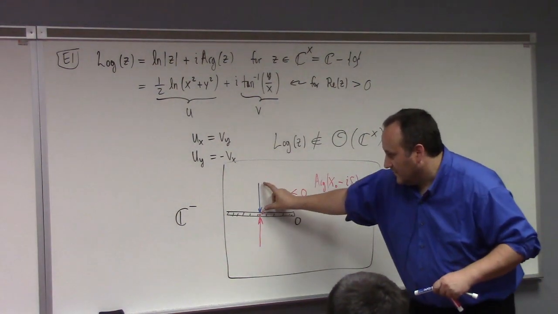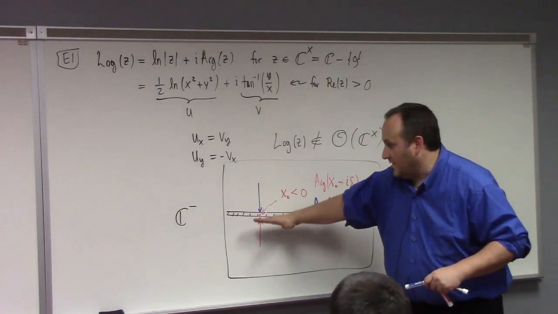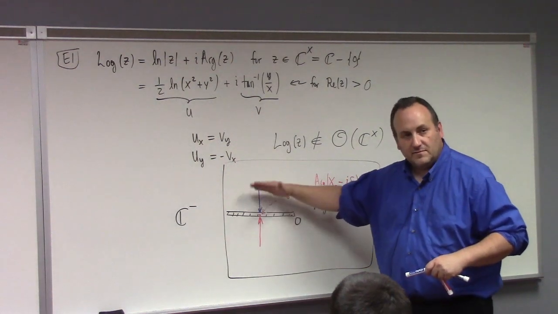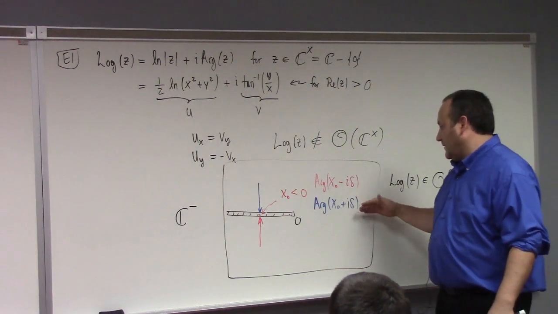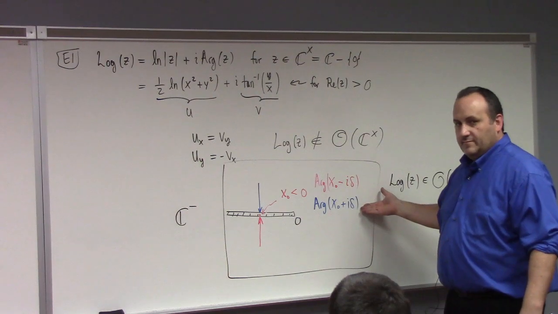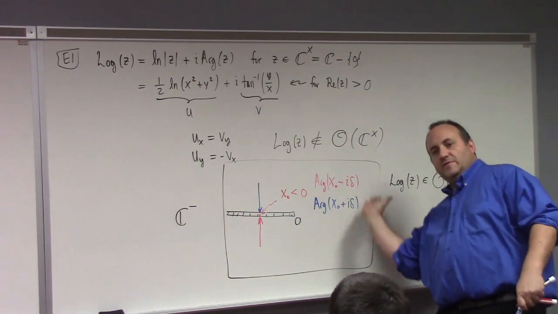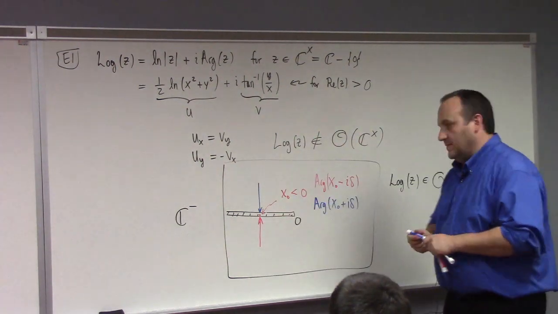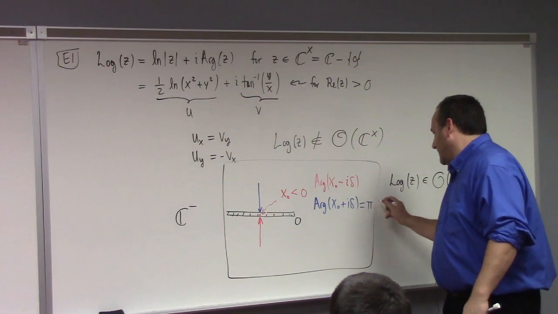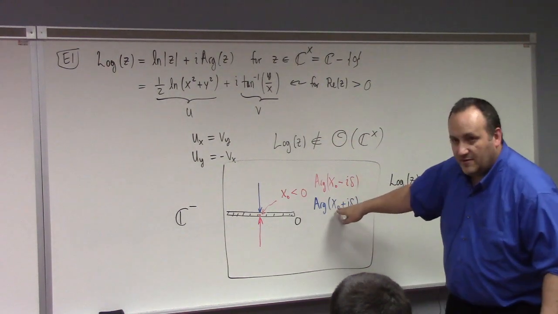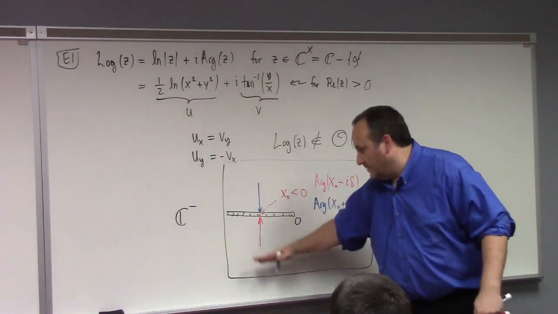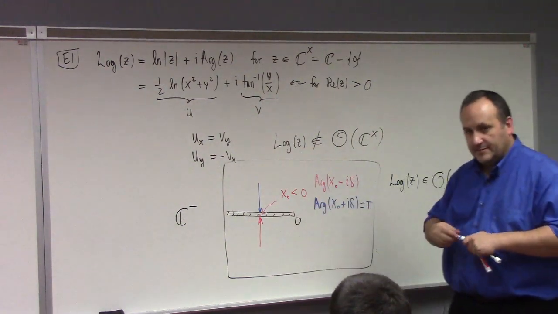So as delta shrinks to 0, you're always above here. So what's your standard angle? We sweep 0 over to pi. It's pi. What's the standard angle down here? 0 down back to negative pi.